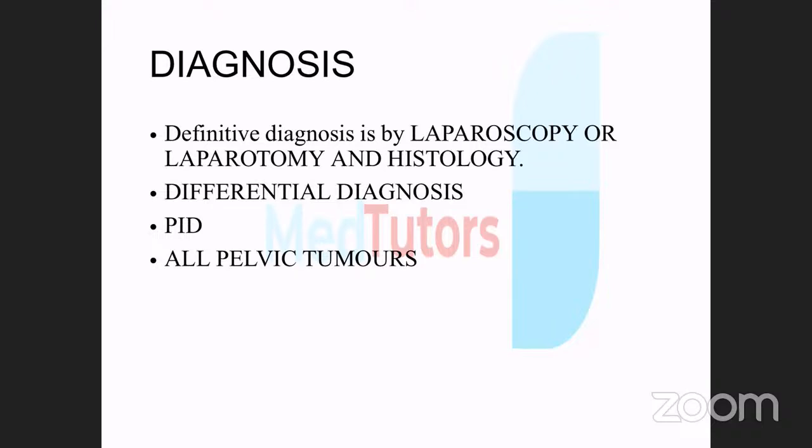Differential diagnoses include pelvic inflammatory disease and all pelvic tumors. It can also include pelvic adhesion due to other morbidity, such as previous pelvic abscess or previous ruptured appendix. These also cause adhesions that may manifest like endometriosis. Next slide.